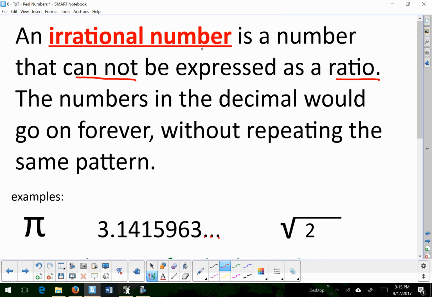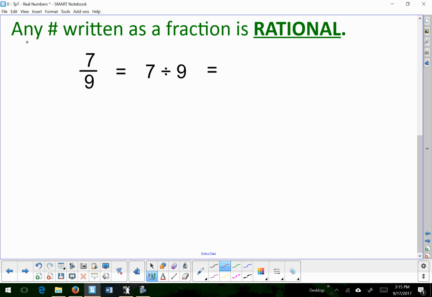Remember, an irrational number cannot be expressed as a fraction, as a ratio. So if you can express a number as a ratio or as a fraction, it is always rational, no matter how crazy the number even is. 7 divided by 9 or 7 divided by 19 even. 7 divided by 19 seems like it's going to be pretty scary.